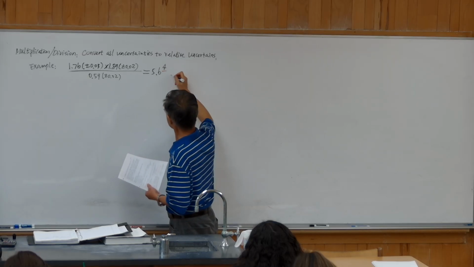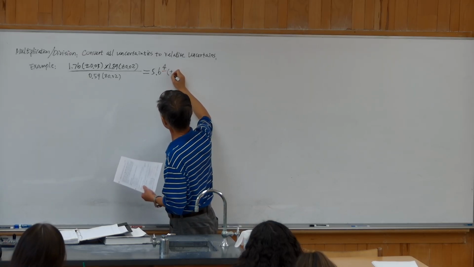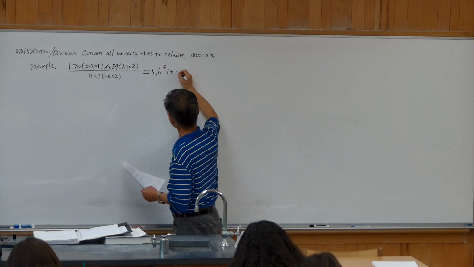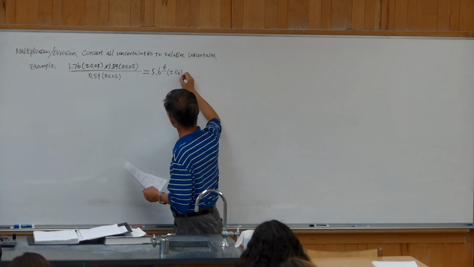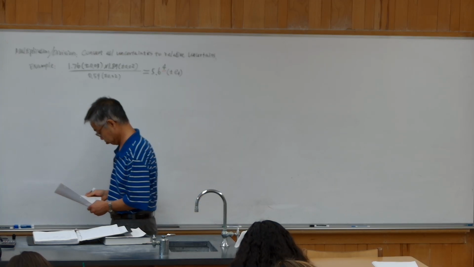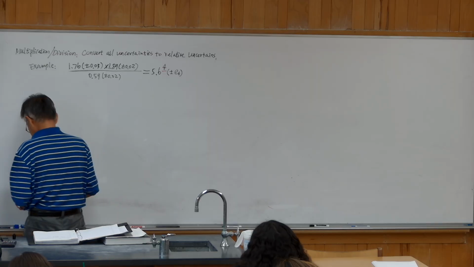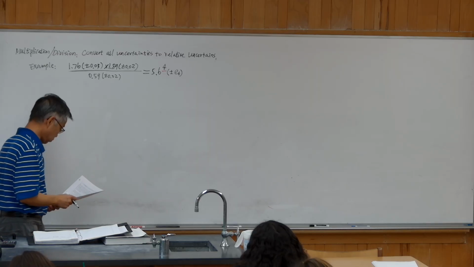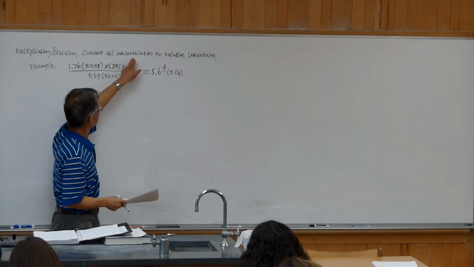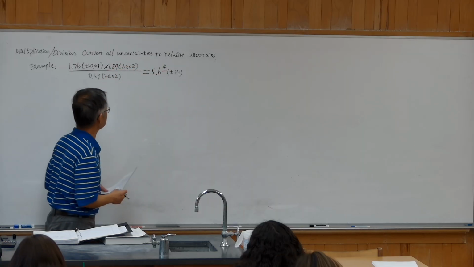The question is the uncertainty, the random error of the result. This time, what is E4? First, we need to convert all uncertainties to relative uncertainty.